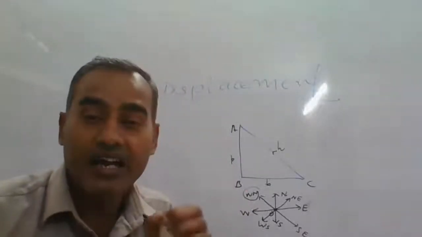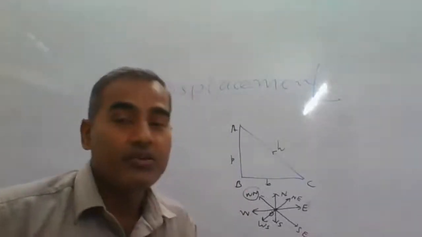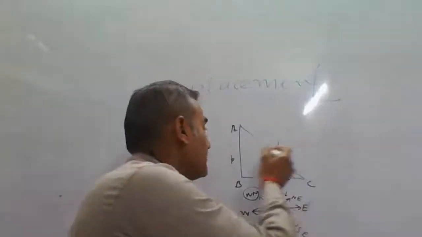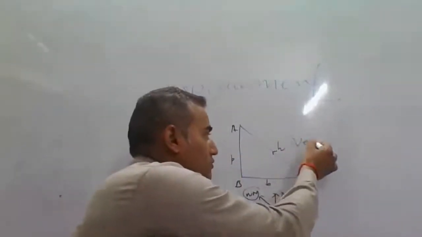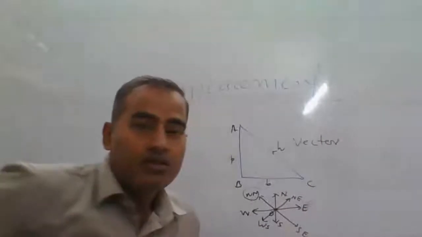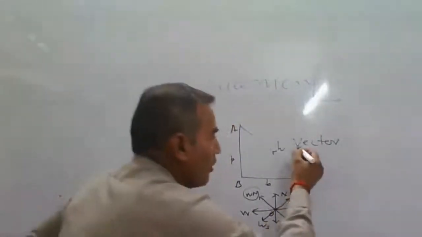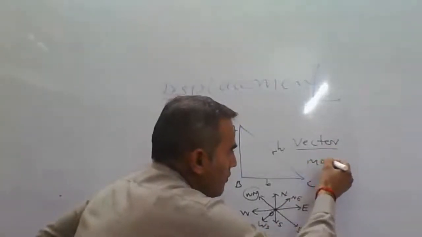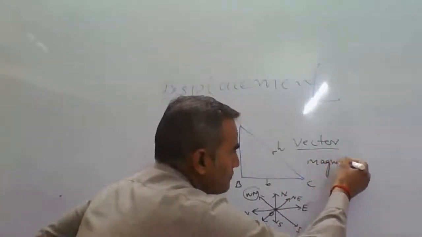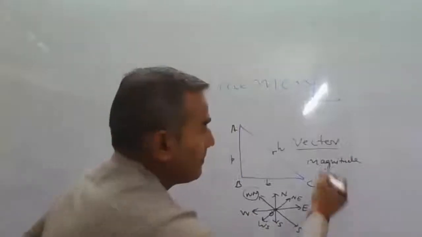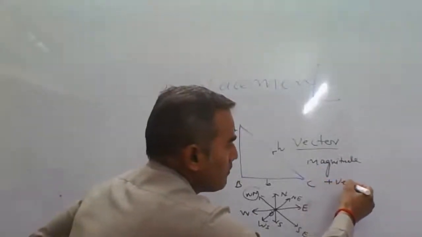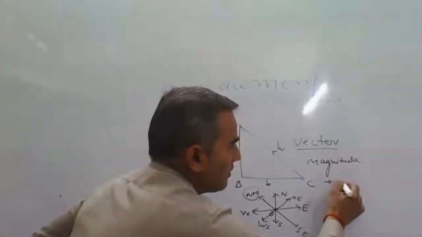Because we need to measure the displacement, distance, direction and magnitude. A vector quantity needs magnitude plus direction.